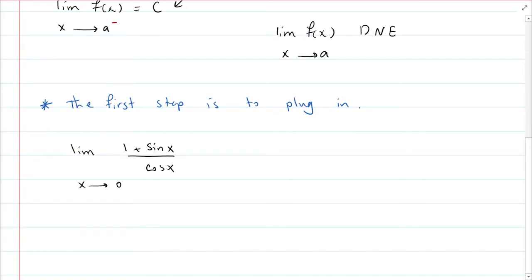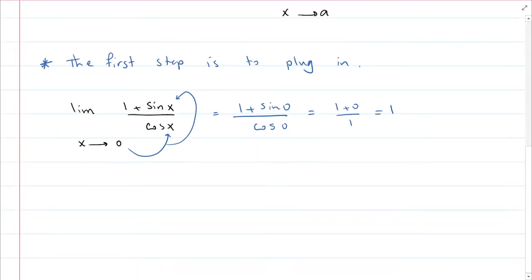Well, the first thing you should do is to substitute this number right in here and in here. Depending on the answer that you will get, you will decide what to do next. So if I substitute this number, I get 1 plus sine of 0 over cosine of 0, which gives me 1 plus 0 over 1. That means the answer is equal to 1.